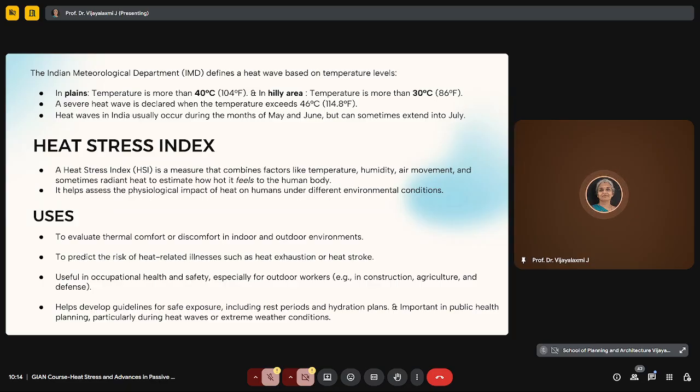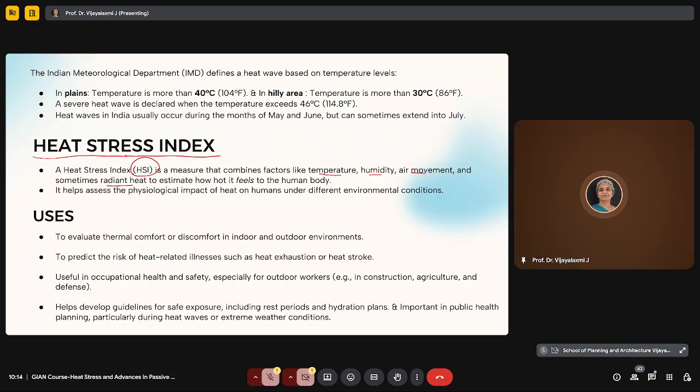So what is heat stress index? Now we are coming to the main part. The heat stress index, or HSI, is a measure that combines factors. Sometimes it is temperature, humidity, air movement, and radiant heat, because various measures consider various factors.